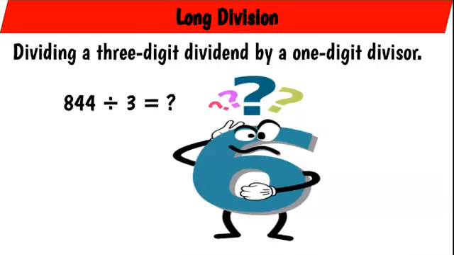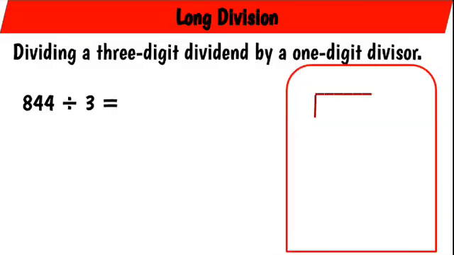Now here we have a problem in which we have to divide 844 by our divisor 3. So our dividend 844 divided by our divisor 3. Here we have our number sentence, a problem, and in our working column, our long division symbol.